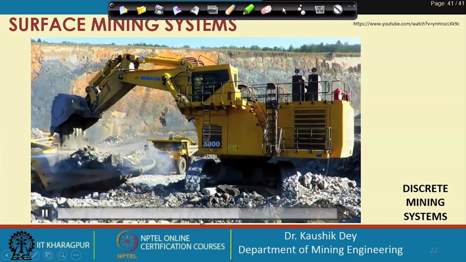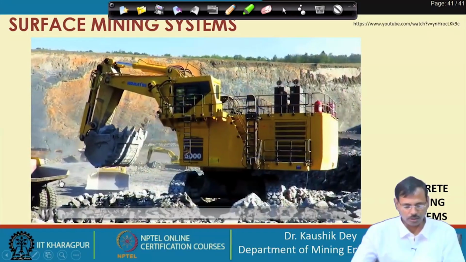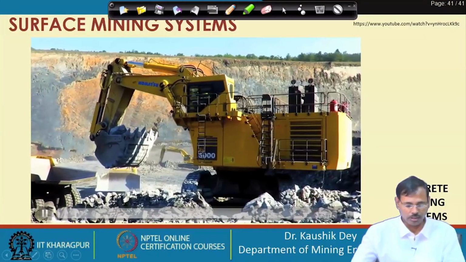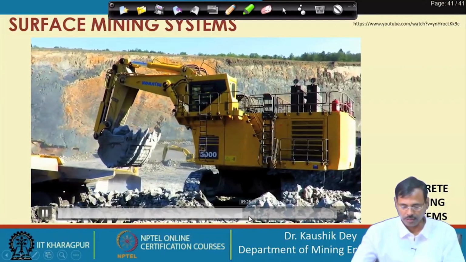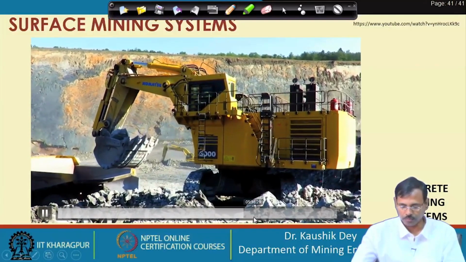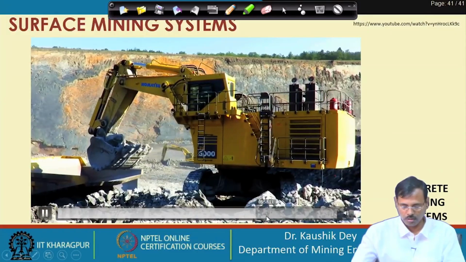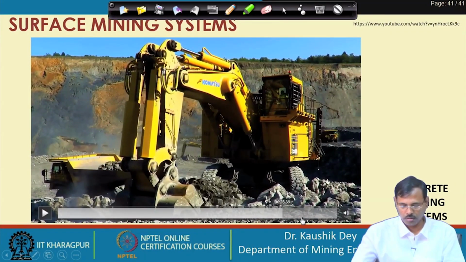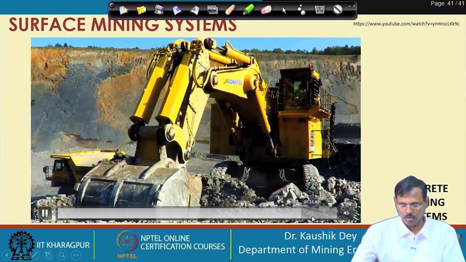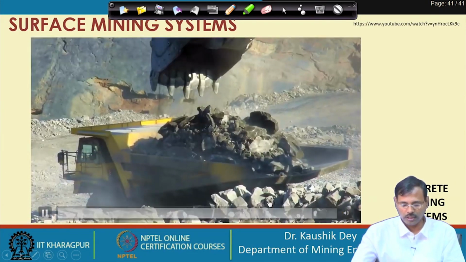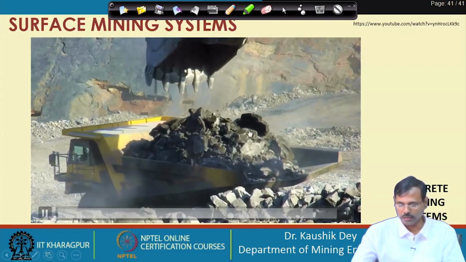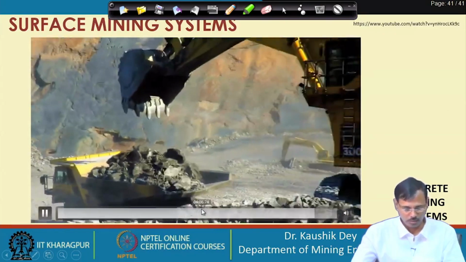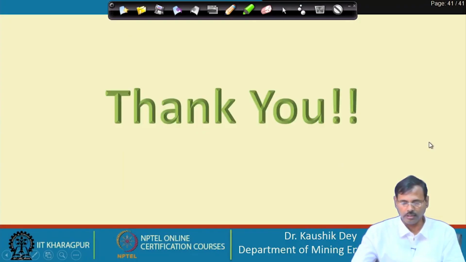So, this is the final load given to the dumper. So, that dumper has moved out, the new dumper has come to this place again. So, this is the loading and discrete mining system you can see in this slide.